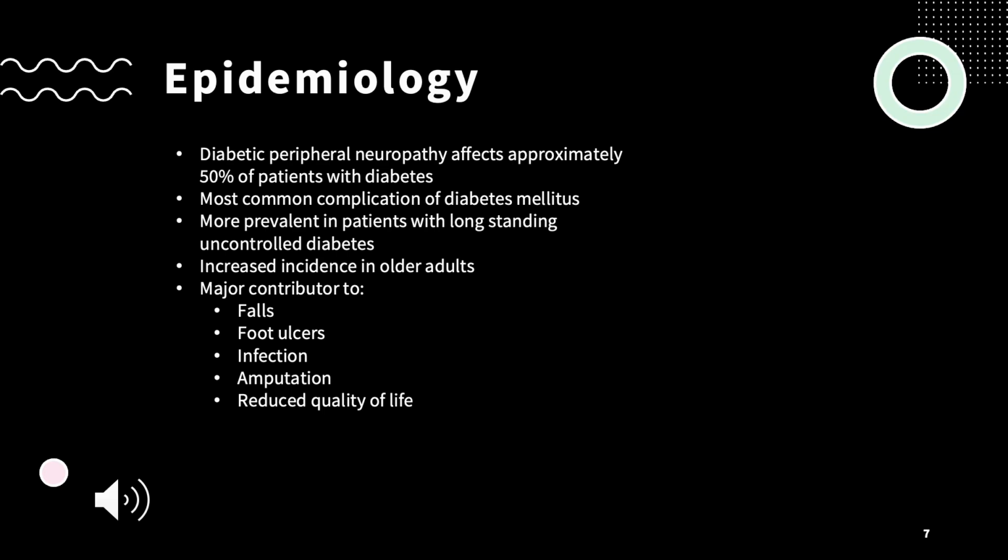Loss of sensation can prevent patients from recognizing injuries, which may delay treatment and worsen outcomes. Beyond physical complications, chronic neuropathic pain can negatively affect sleep, mental health, mobility, and overall quality of life.